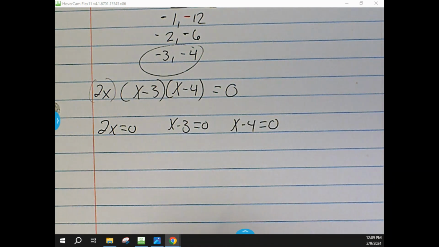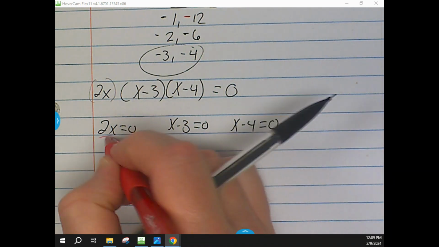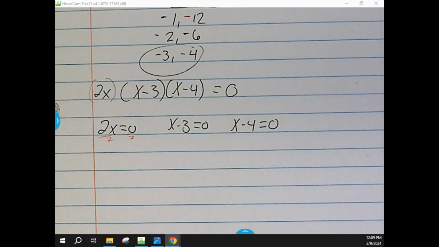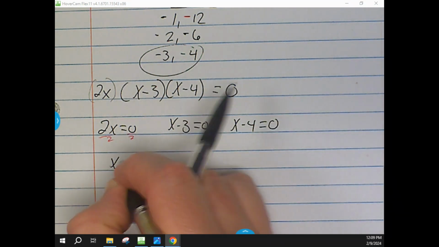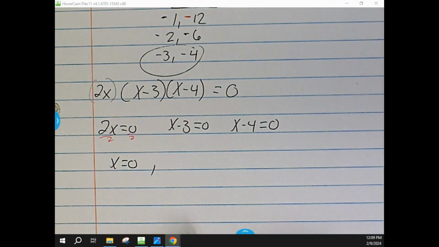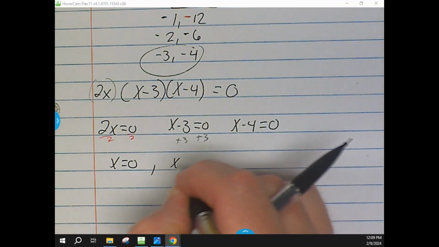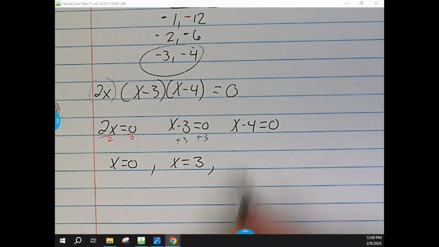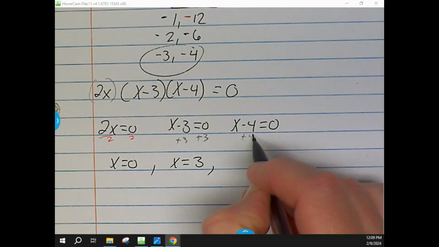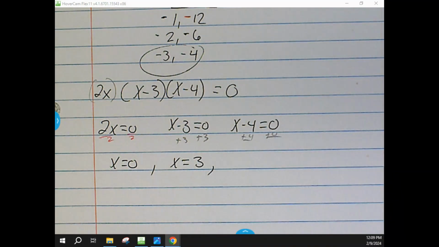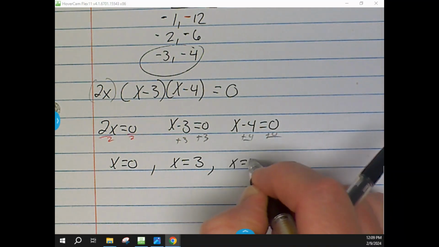All right, and on the first one, if you divide by 2, well, it's still 0, so that's x equals 0. This one, if it's minus 3, we're going to add 3 to both sides. That's x equals 3. This one we'll add 4 to both sides. I got x equals 4.